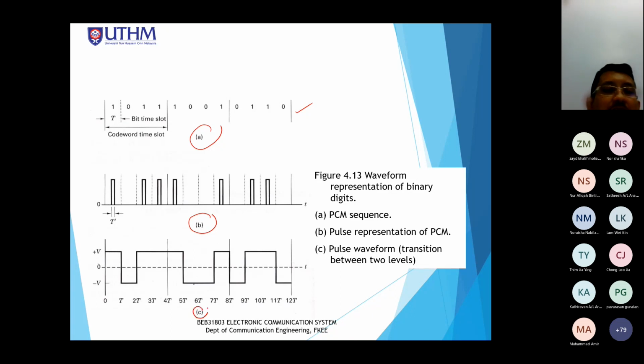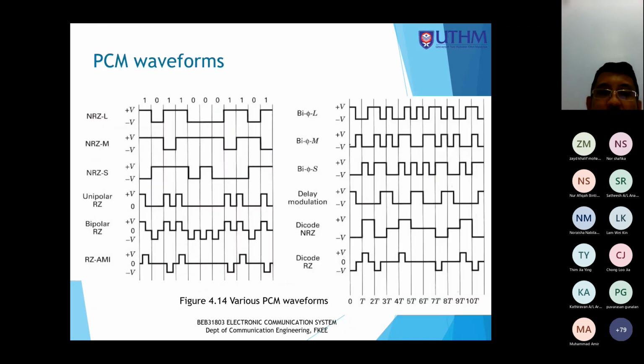Picture C shows the bipolar pulses, which consist of positive polarity of voltage and negative polarity of voltage. During the transmission, we have the option to use either unipolar or bipolar pulses.